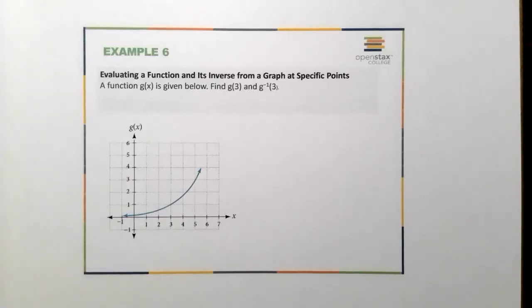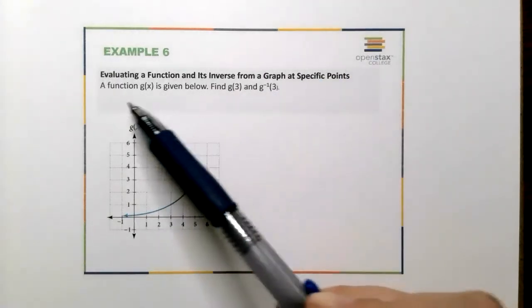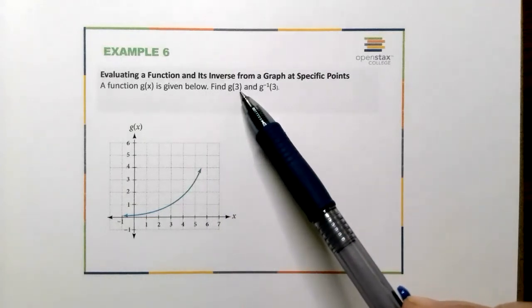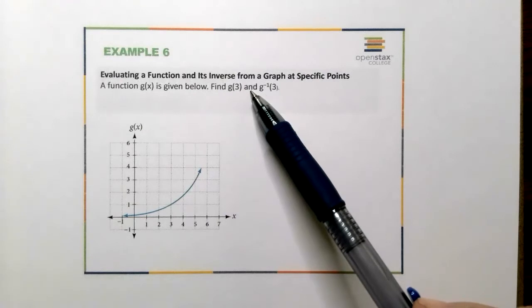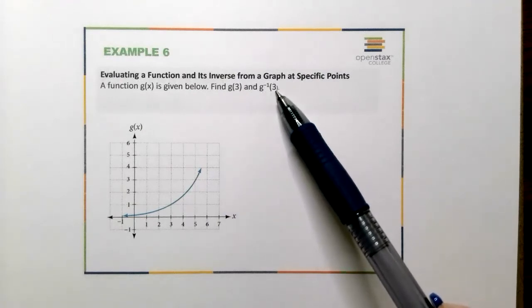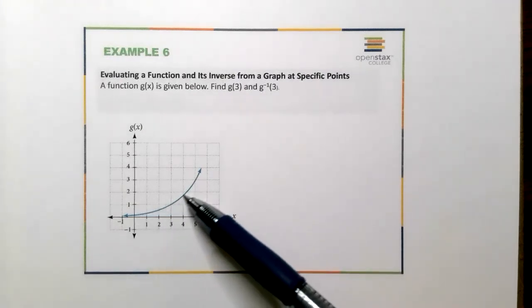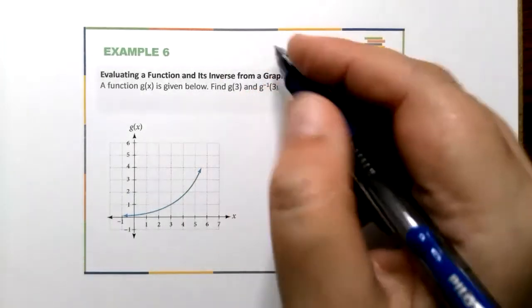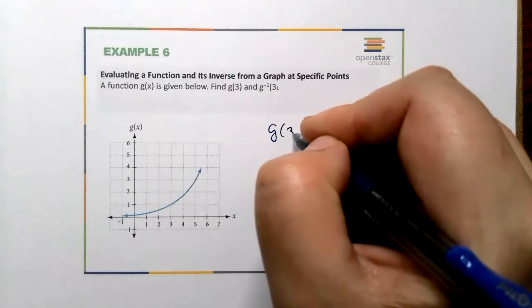So here we have a function defined by a graph, and it says a function g of x is given below. Find g of 3 and the inverse g of 3. Okay, so this is the original g, and it says evaluate. So the first question is to find g of 3.